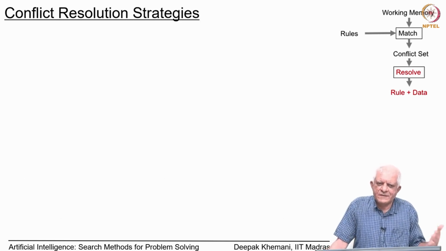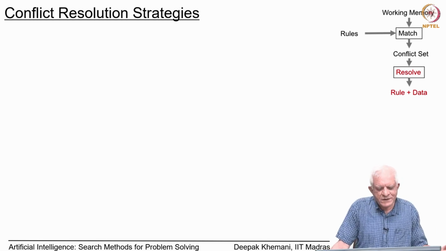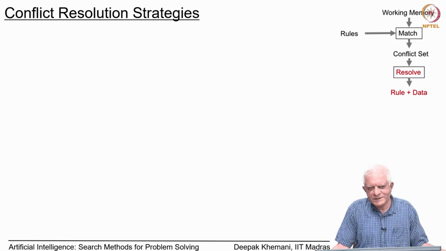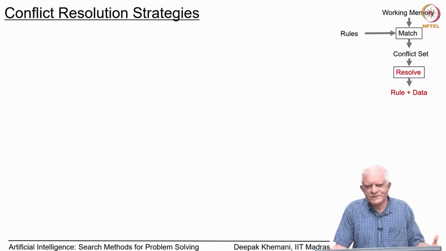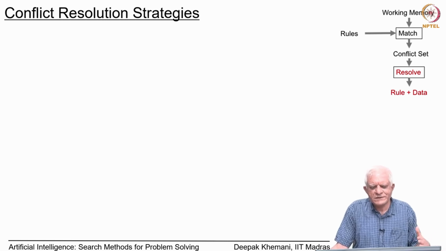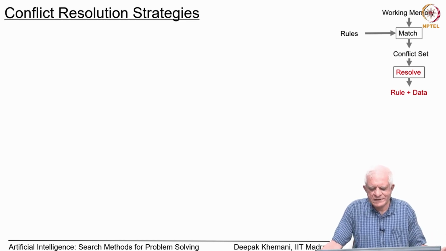As I said, people like us who implement rule based systems for some user to use have to offer a set of strategies which the user can select from. What are the different strategies that one should consider? Let us quickly go over them, and we will later go into more detail as to how to implement them.